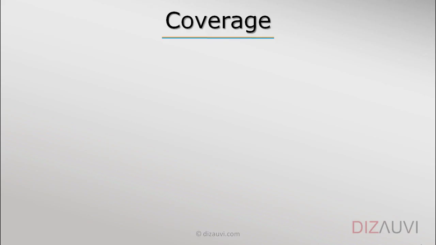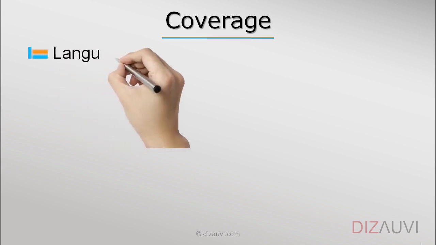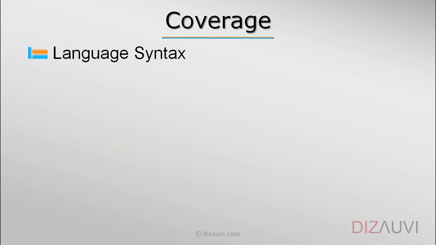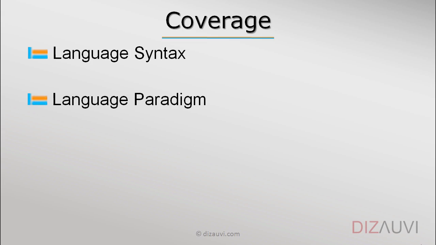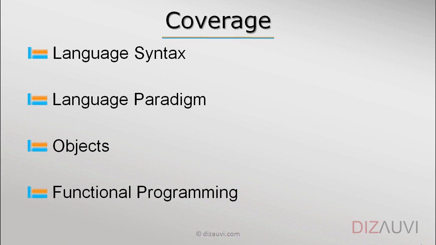So in this course, we will learn about the basic constructs of the JavaScript language, or the language syntax, and what kind of language JavaScript is, that is, what kind of paradigm it follows, whether it is object-oriented or functional or both. We'll also learn about JavaScript objects, and then we'll go on to some functional programming ideas.